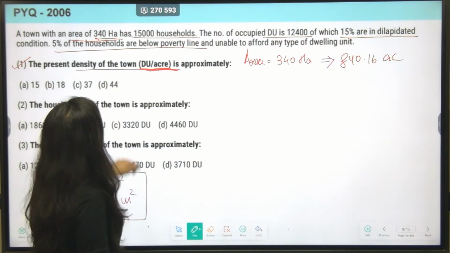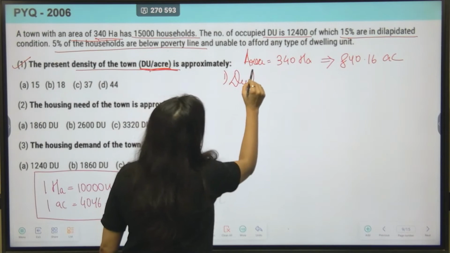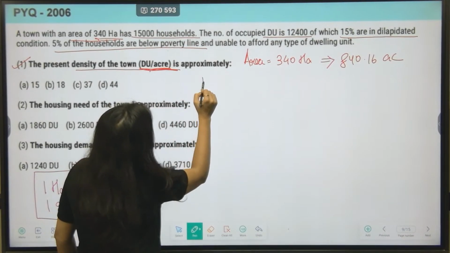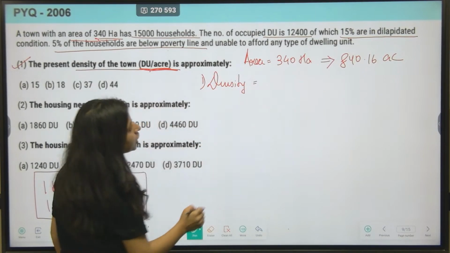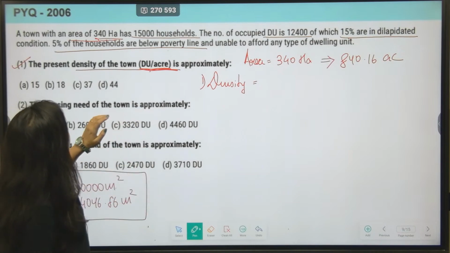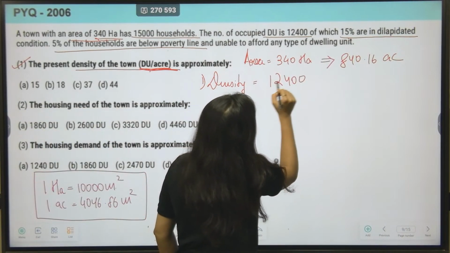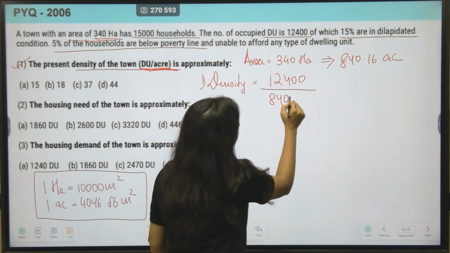So what they are asking is to find the density. As per question number 1, density in DU per acre. DU per acre means DU divided by acre. So what is the number of dwelling units? 12,400 divided by the area, 840.16.